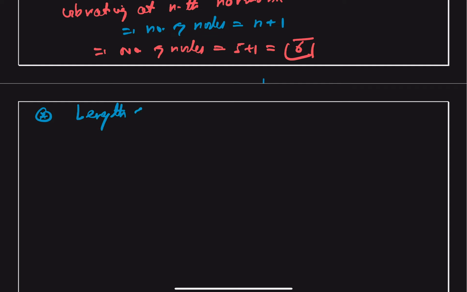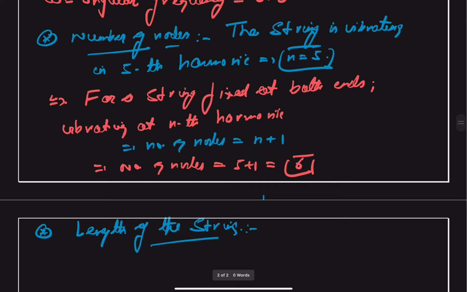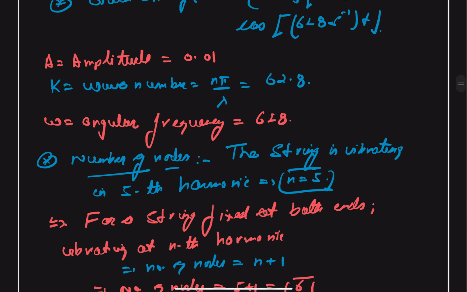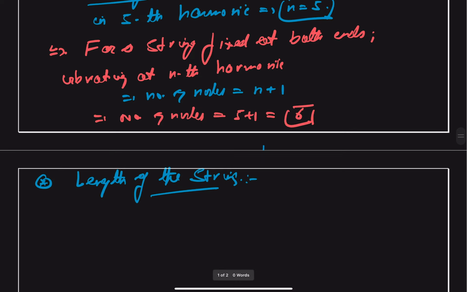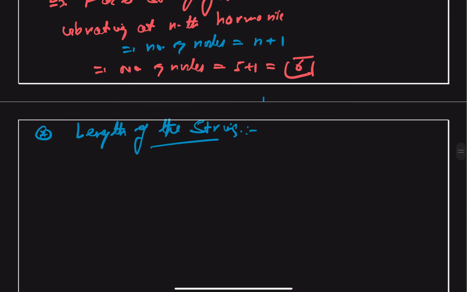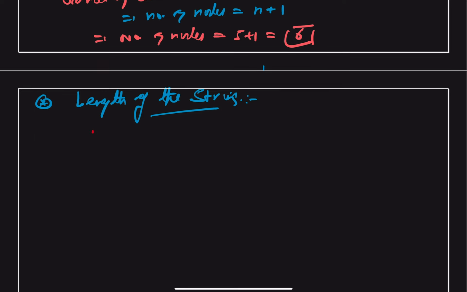We already found out that the wave number is k, so we can write that k will be equal to n pi upon L, and the value of n is 5, so this becomes 5 pi upon L, and the wave number is 62.8.